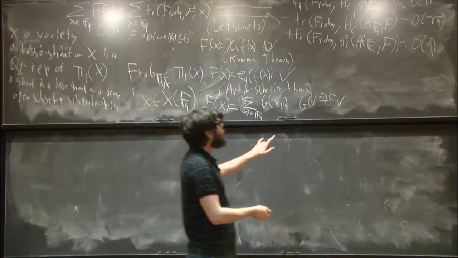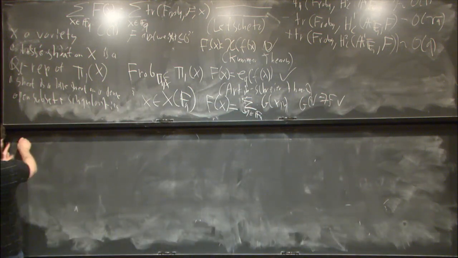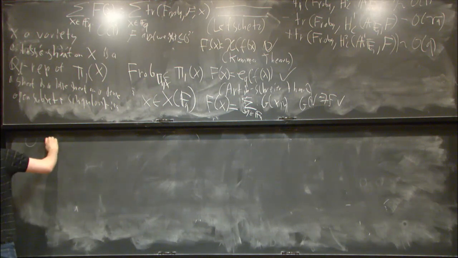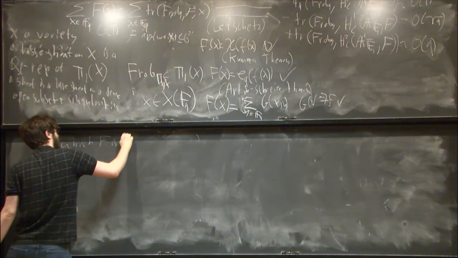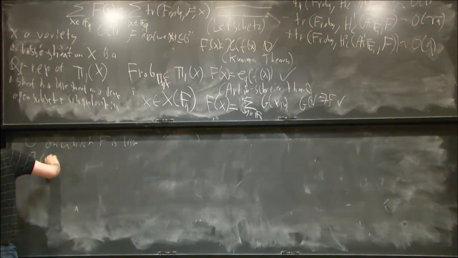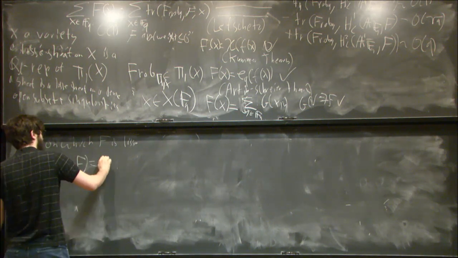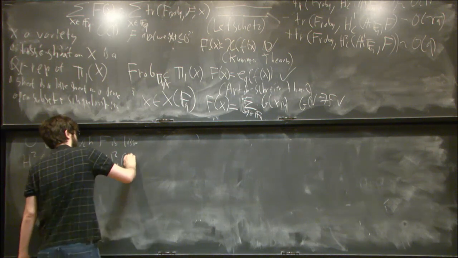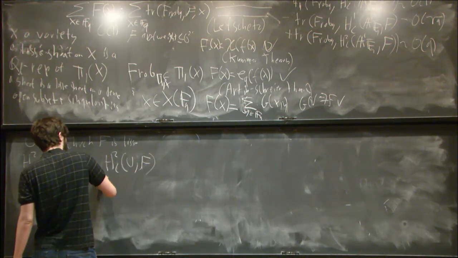If you want to control H2, you can do the following argument. I said there's an open subset on which f is lisse, so take U on which f is lisse. Then we can relate the cohomology of the whole space and f to the cohomology of U and f by excision.